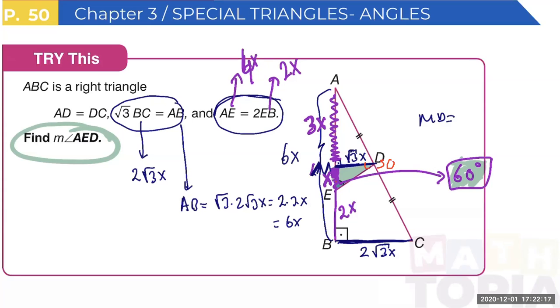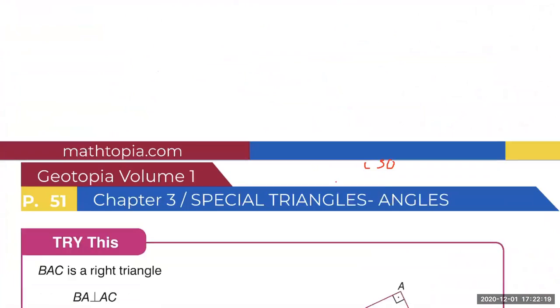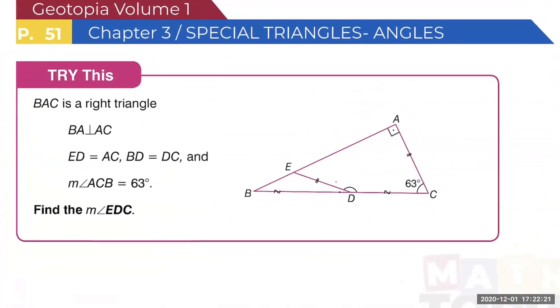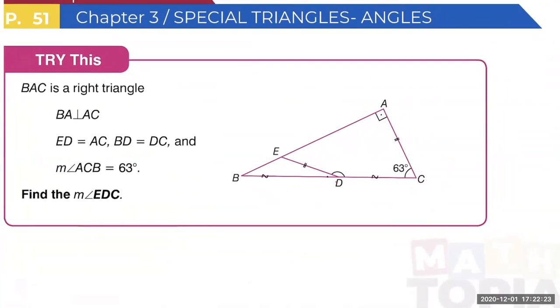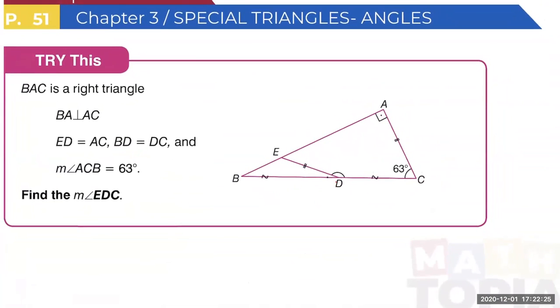Let's see. Chapter 3, page 51, side problem. We are going to use a similar idea to what we used in the previous problem. Making a parallel, midpoint. Yes, midpoint.